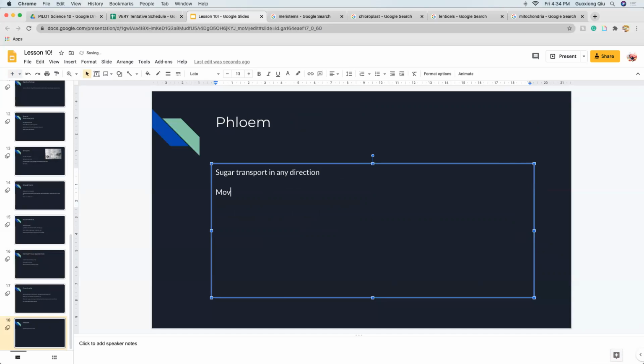And the movement of the sugar or sap, so if you break open the phloem, the sugar is kind of in a sap form, syrupy, is described by the pressure flow theory. You don't need to know what the pressure flow theory is. You just need to know that it's described by the pressure flow theory.